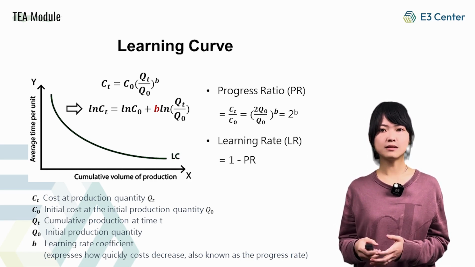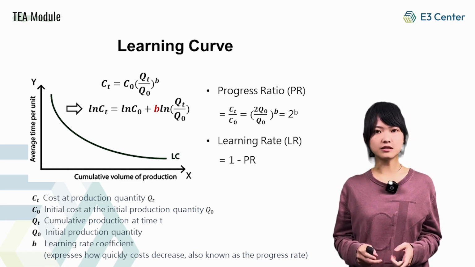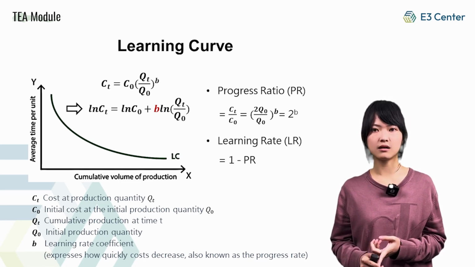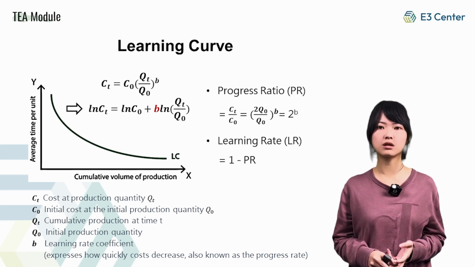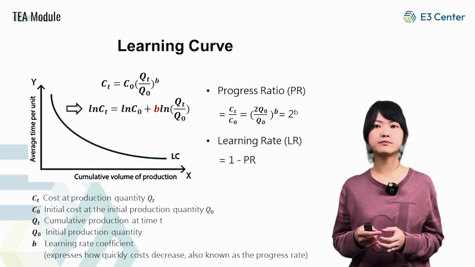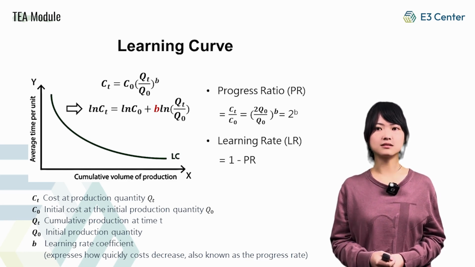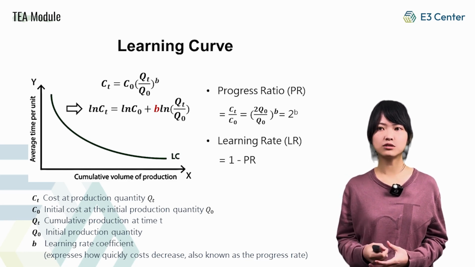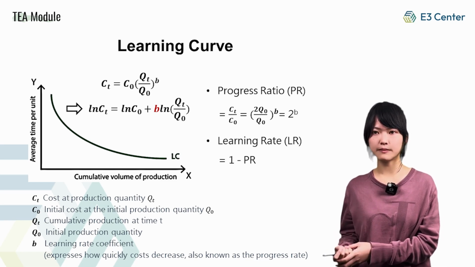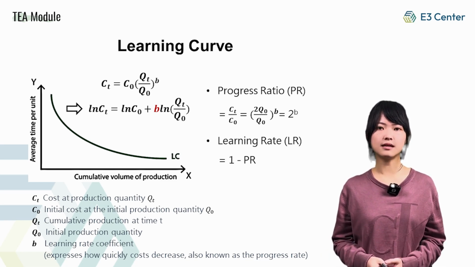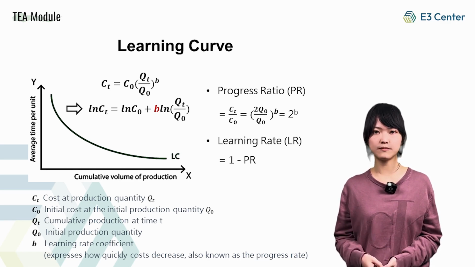Moreover, two commonly seen terms related to the learning curve are, first, progress ratio, PR, which is defined as the ratio of the final cost to the initial cost when cumulative output doubles. The PR gives us insights into how efficiently production costs are managed as the production scales up. A lower PR indicates a steeper decline in cost with increased production.